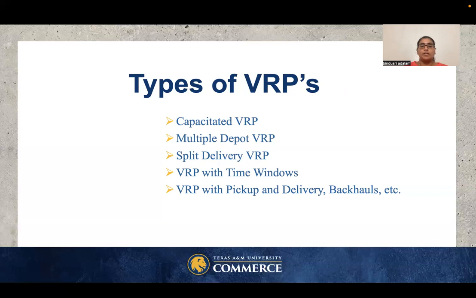Then we have split delivery VRP, where the same customer is allowed to be served by different vehicles. Then we have VRP with time windows, where the customer is only able to accept the delivery during a certain time window. Then we have VRP with pickup and delivery, backhauls, etc. In this project, our main focus is on capacitated VRP.